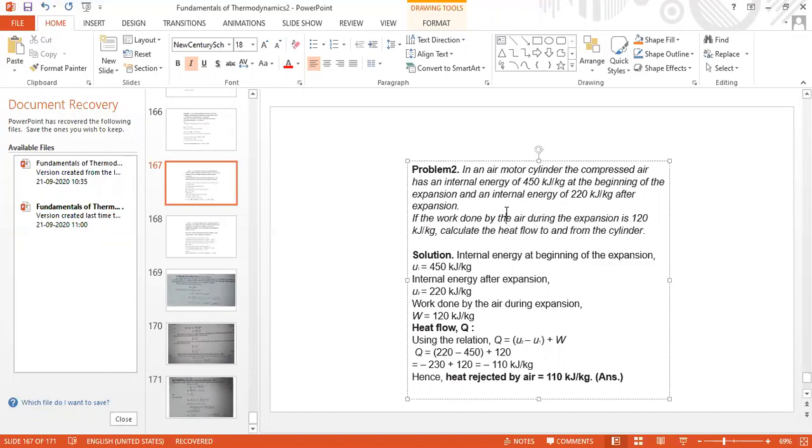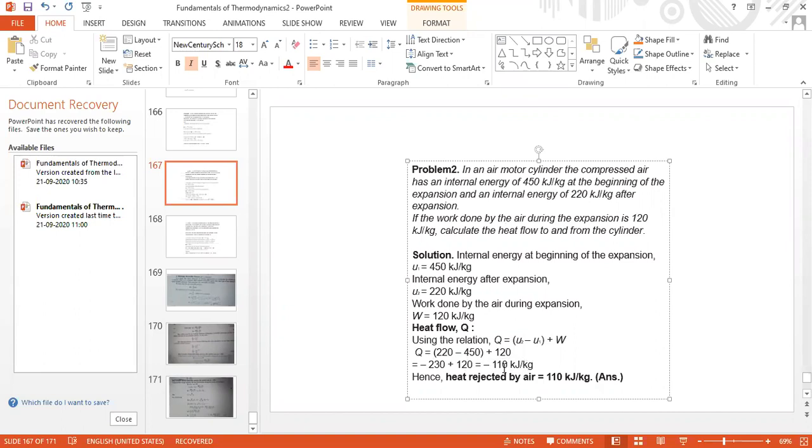So some work is done by a certain closed system. Because work is done by the system, W is positive, and the value given is 120 kilojoule per kg, so you substitute plus 120. After substituting all these in this equation, you will get this value.